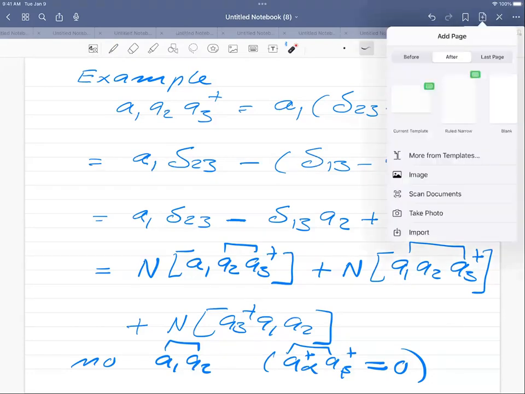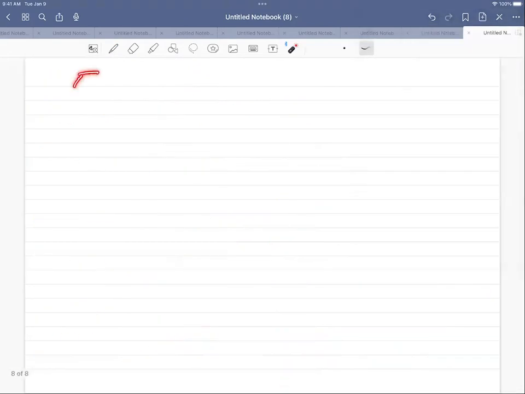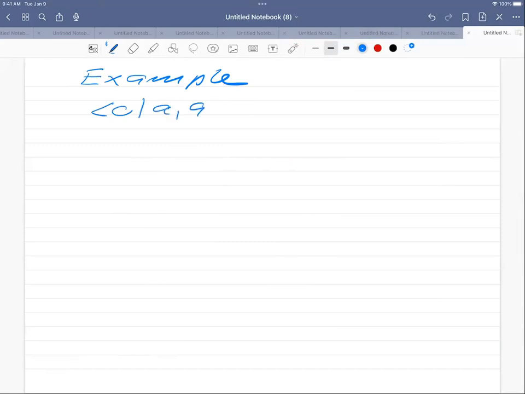And so the next thing we're going to do now is to take the next example, which is the case with the 4 operators. So I'm just setting up a totally random chain of operators. Now I have ordered in this specific way of 0. And if I go through this in a normal way, I would rewrite this as A1, and then I would have a delta 2, 3.